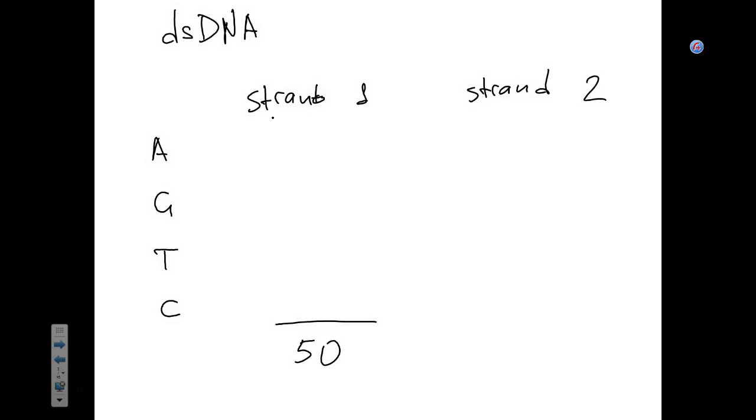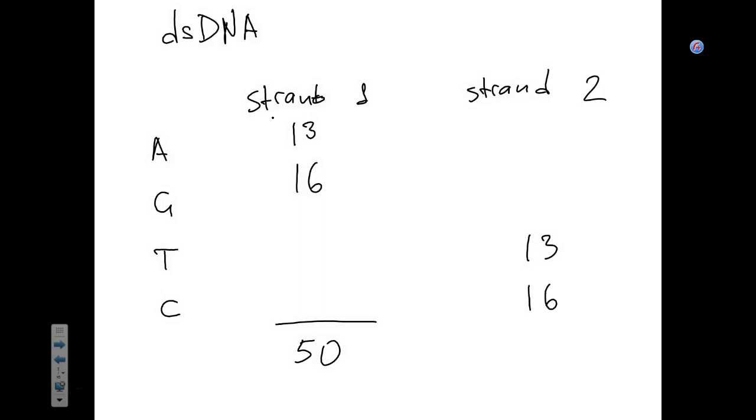Okay? You with me? Let's say strand number 1 has 13 A's. Okay? Just 13 total A's, whatever position it is. How many T's is strand number 2 going to have? 13. Everybody understands that? Okay. Now, strand number 1 also has 16 G's. How many C's is going to be in strand number 2? 16.